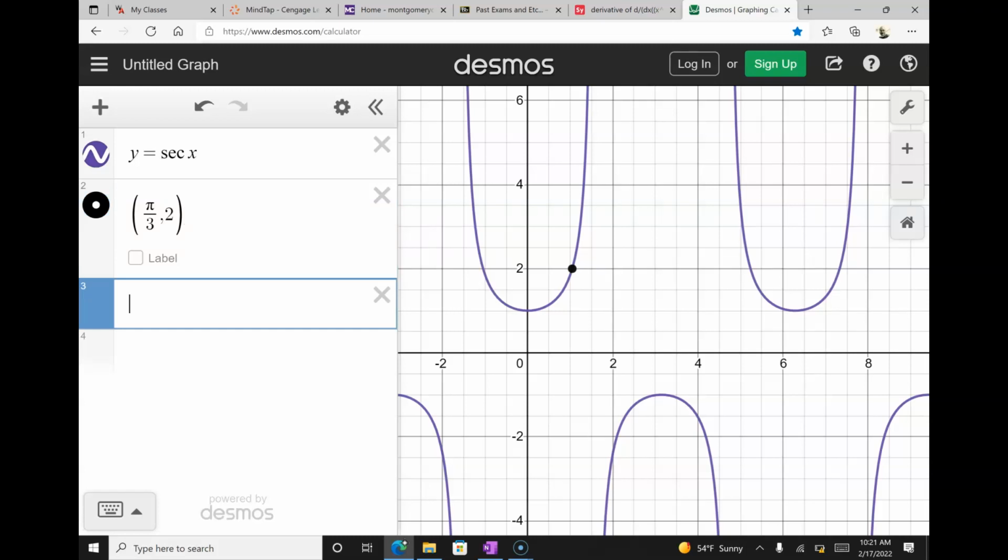I see definitely a positive slope for my tangent, and what seems to be a negative b value, which I agree with.